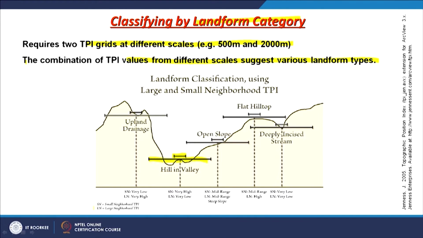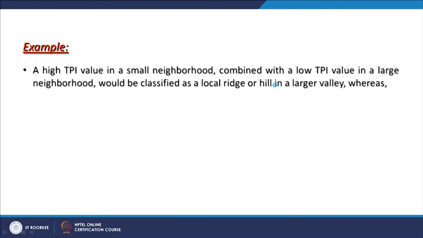So, both are SN and LN, meaning high resolution and low resolution, and then you get a very clear idea about what is happening. So, by combining these two spatial resolutions, if possible, you can classify based on the landform categories, using the large and small neighborhood TPI. So, the classification can be done likewise also.